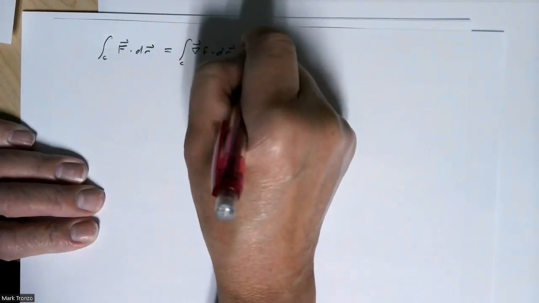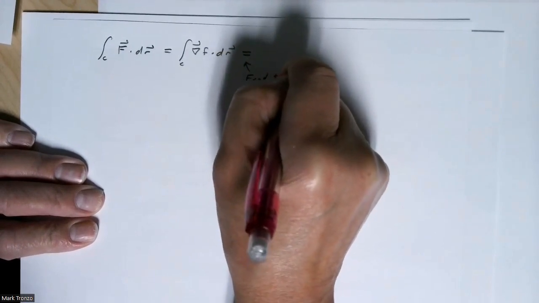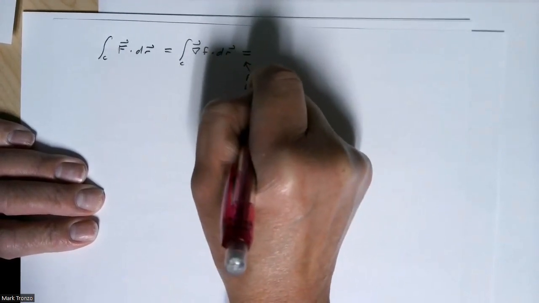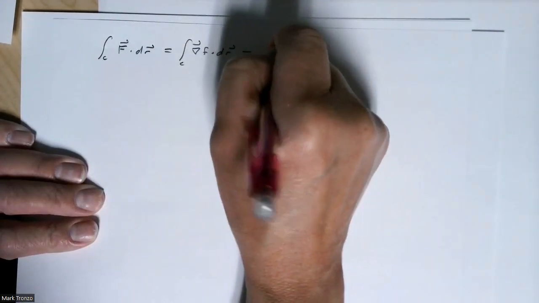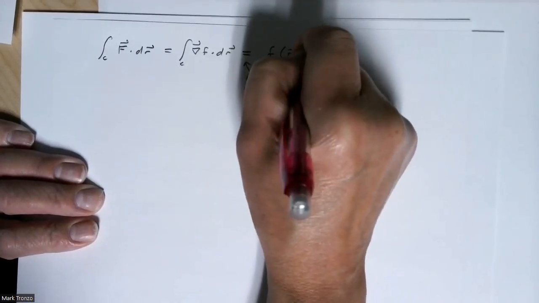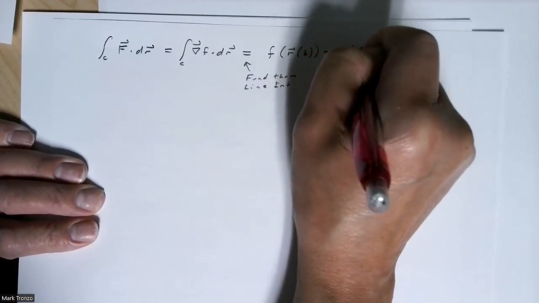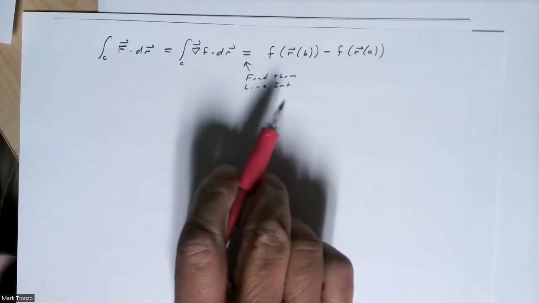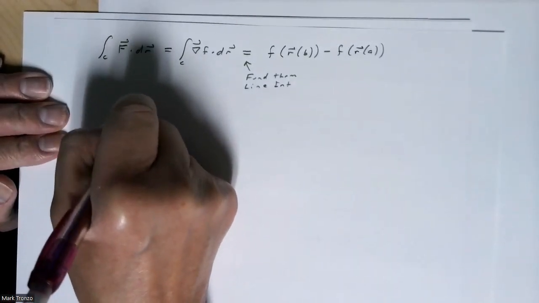And then by the fundamental theorem of line integrals, we said that if you have the gradient of a function in a line integral, that's going to be equal to the endpoint minus the initial point. I should say the function evaluated at the endpoint minus the function evaluated at the initial point. So the last thing that we have to do now, we were given our r of t.